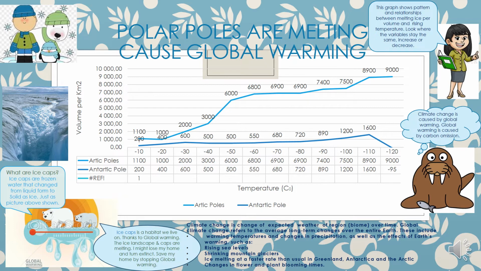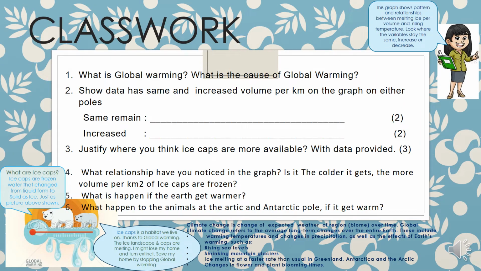Let's look at our questions. What is global warming? What's the cause of global warming? Show your data with increased volume per kilometer, where it remains the same, where it's increased.